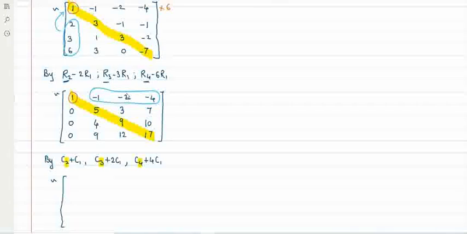First column, no change, because I am applying a column transformation. You have to write the matrix column wise. 1, 0, 0, 0. Now, addition of the two columns directly. -1 plus 1 is 0. 5 plus 4 is 9.